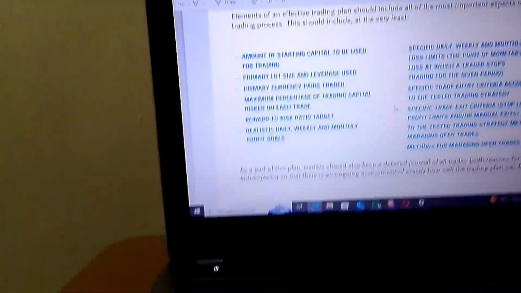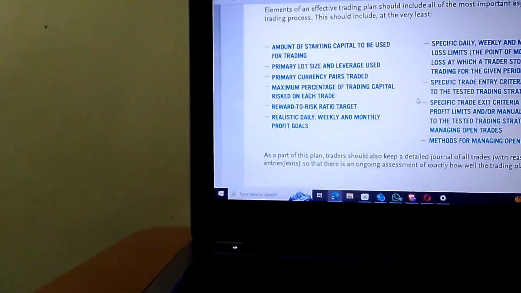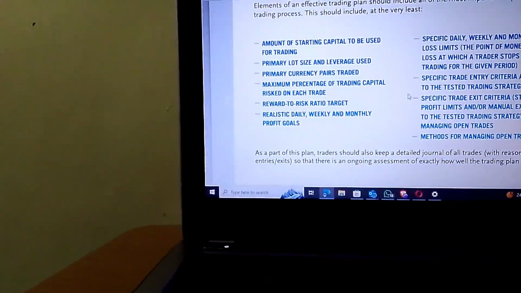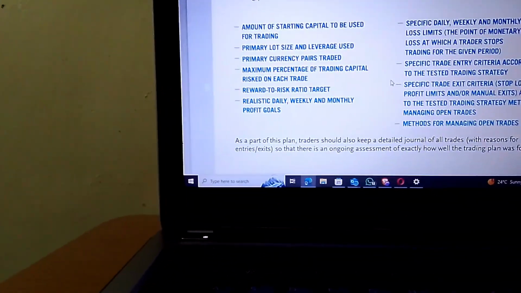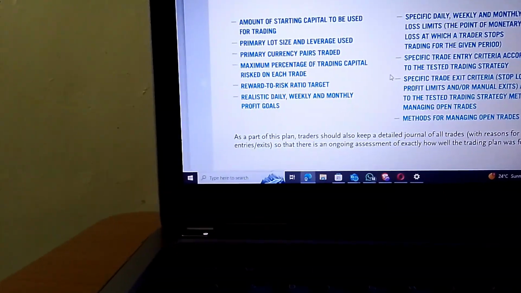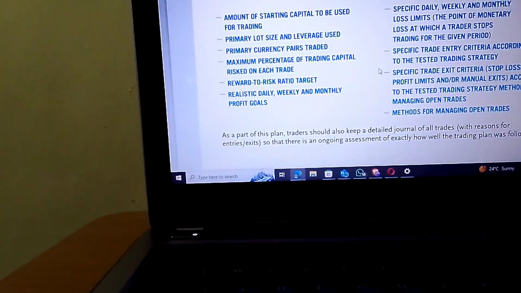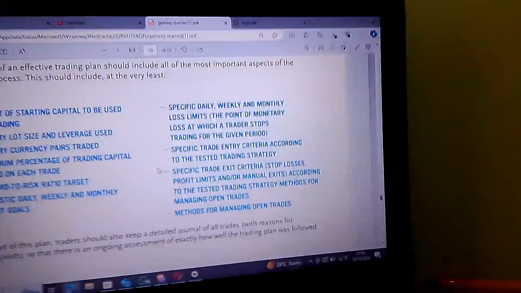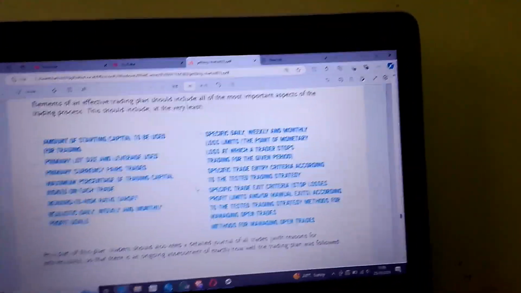So you have to have your profit goals and reward to risk ratio lined out well. All that you have to keep in mind before you start, to ensure that you have a good plan and you keep yourself in line.